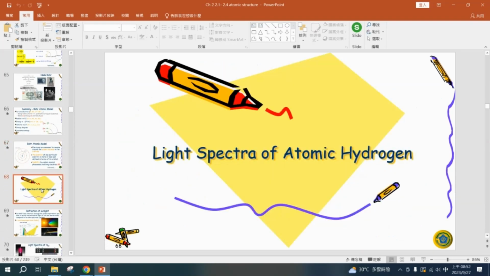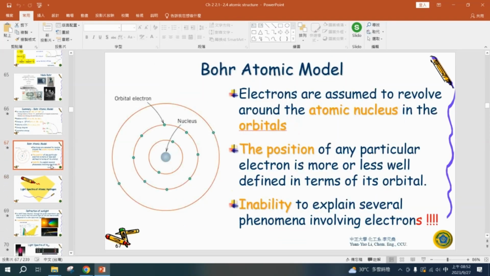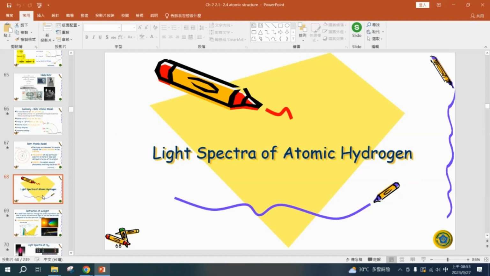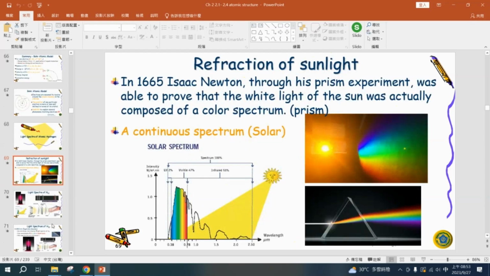And last week, this Bohr atomic model was all developed theoretically and by hypothesis. And there's another group who were interested in experiment. They started with the light spectrums of atomic hydrogen. And we also learned this, right?